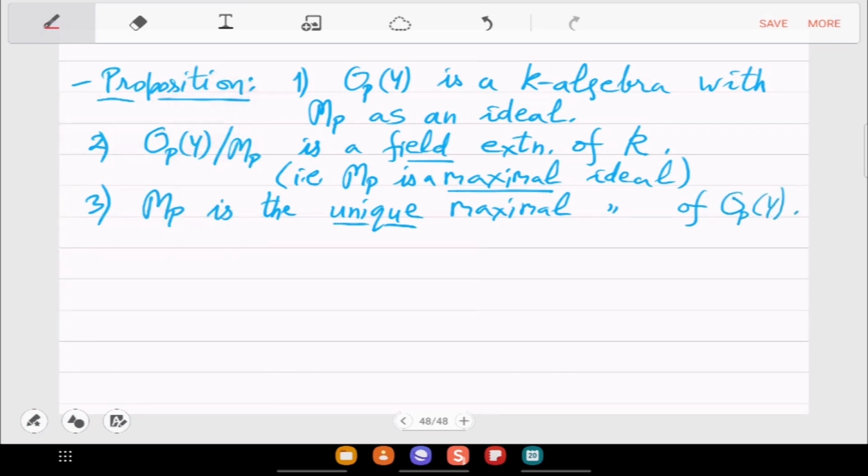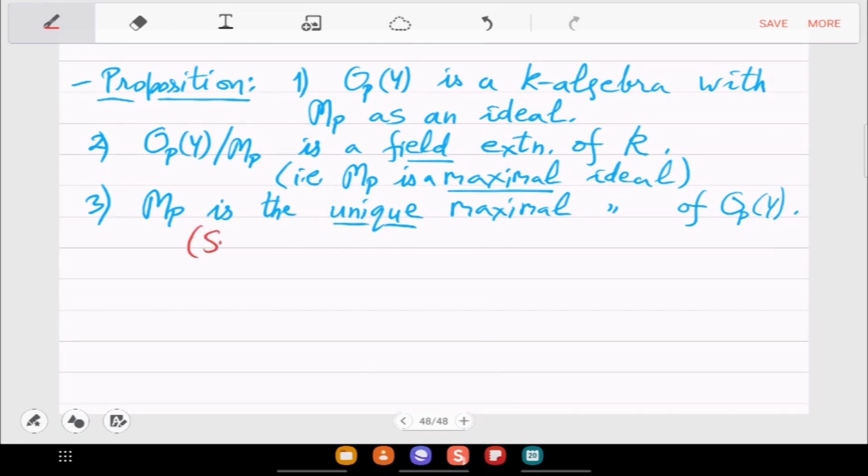So rings which have a unique maximal ideal are called, do you know the name? These are called local rings. And the name local ring already comes from this picture that we drew, right? Because these are rings which actually sit locally around a point on some variety.